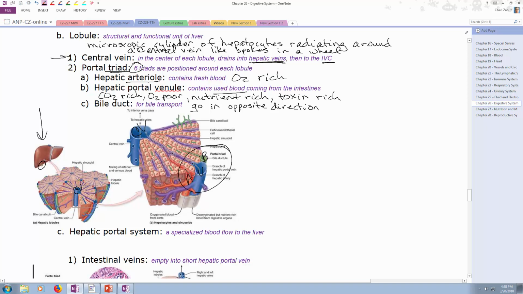And take a look at the direction of the arrows, which is meant to indicate the direction of blood flow through these hepatocytes. And if you'll notice, the arterial blood is actually joining up with the venous blood, and they are both flowing to the central vein.